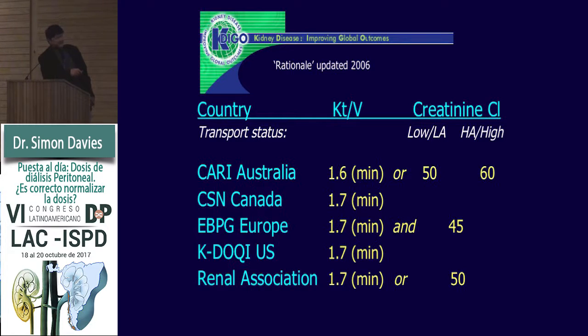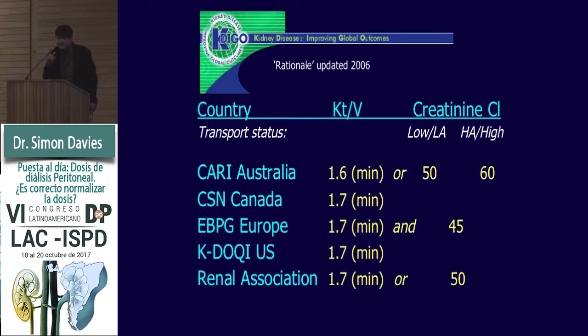You'll also notice that some of the guidelines include creatinine clearance in their guidance. And this is partly because of the difficulties associated with normalizing the Kt/V, and it's partly important to remember that the best study that we have to tell us about dialysis dose, which is the ADEMEX study done in Mexico, in this part of the world, actually did its randomization to creatinine clearances and not to urea clearances.